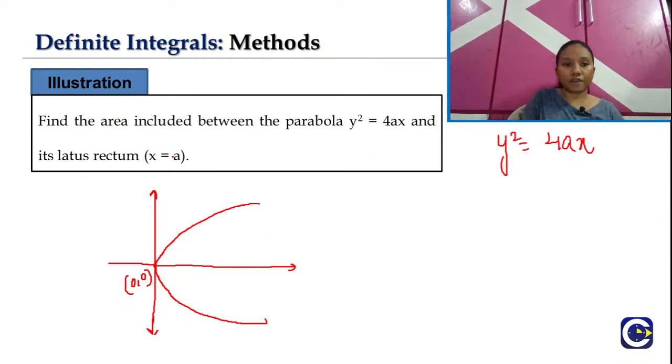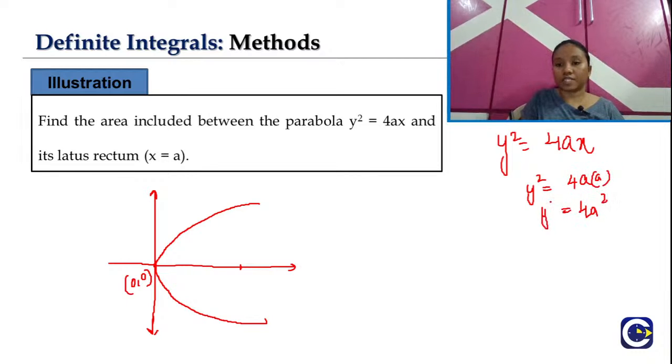Here we have to draw the latus rectum at x equal to a. That means, suppose x here is a, then what about my y? y square is equal to, substituting x here, 4 into a, which is 4a square. If y square is 4a square, then y will be equal to plus or minus 2a.